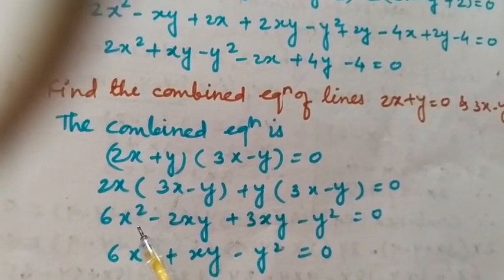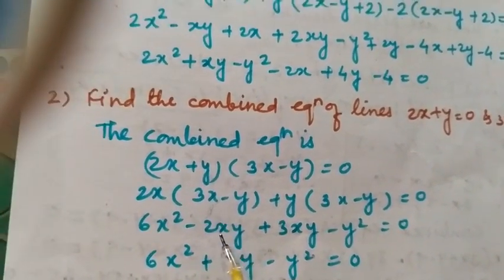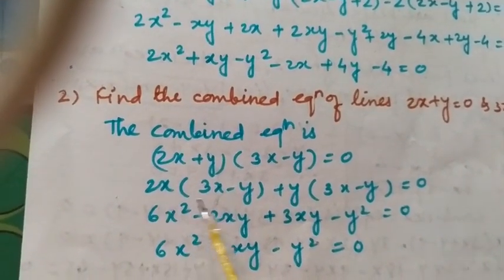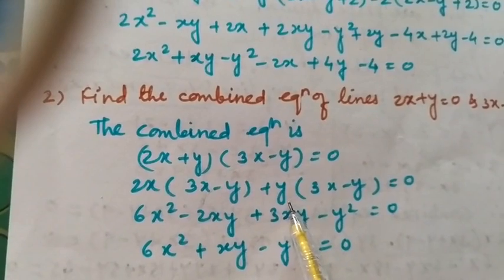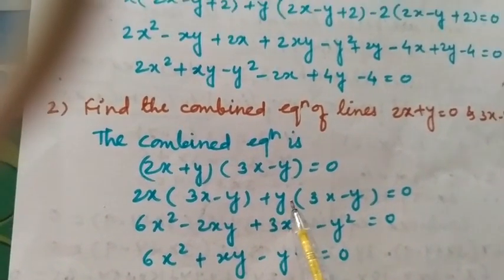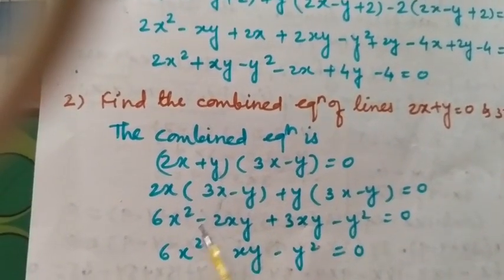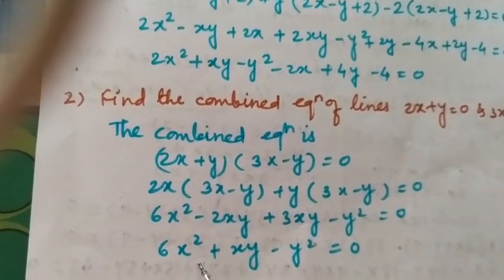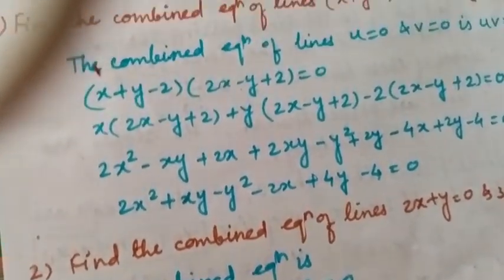After simplification you will get 6x square. Then multiply this 2x with y, which is 2xy. Now simplify this: 3 into xy, y into y is y square equal to 0, and after the simplification, 6x square plus xy minus y square equal to 0.